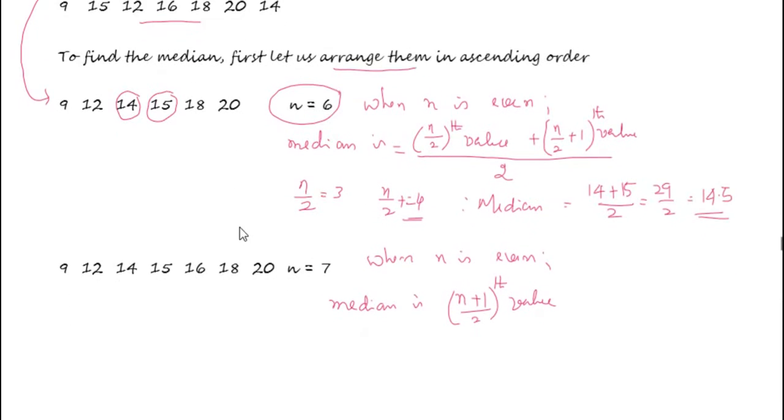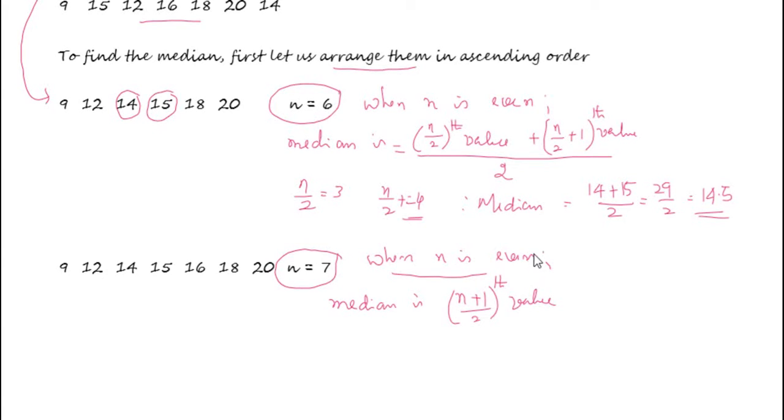Let us take the second one. This is also now arranged in ascending order. In this case, n is 7. We learned last year that when n is odd, median is the n plus 1 divided by 2 th value.